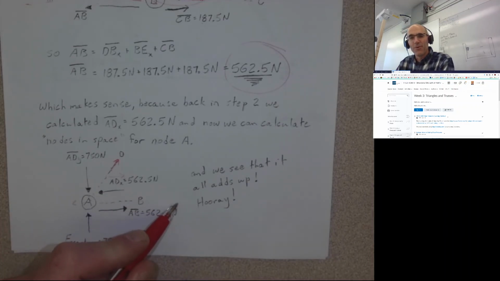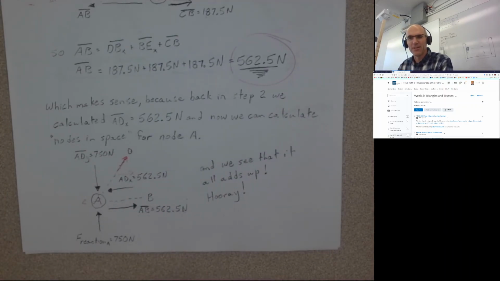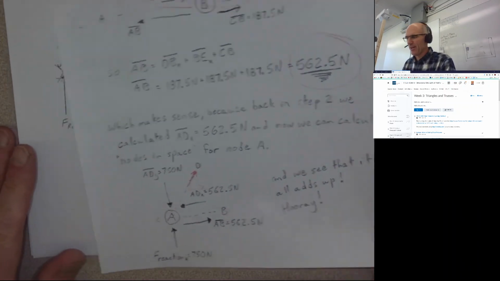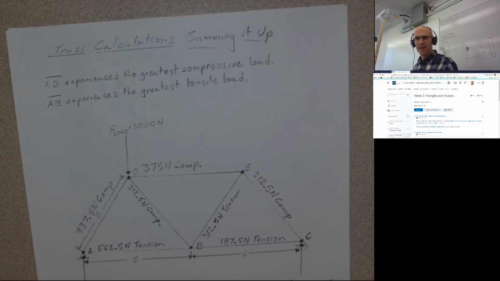And when you go through and calculate it all out, B is pulling that way with 562, canceling the horizontal forces at point A and locking point A in place. We have a statically determinate, not overconstrained truss that looks something like this.